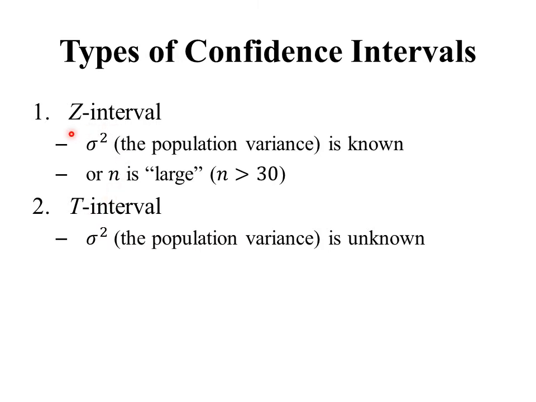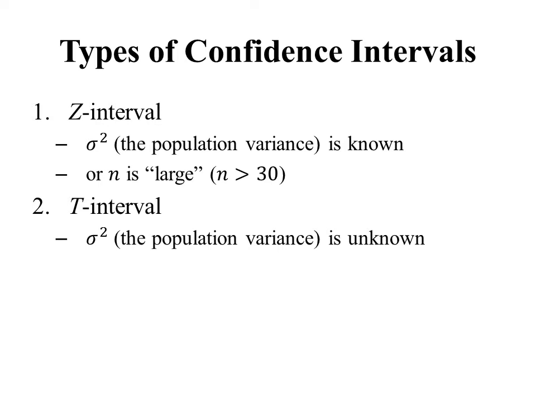And so we typically use the z interval when either we know the population variance sigma squared, or the sample size is large, meaning greater than 30. We use the t interval when sigma squared, the population variance, is unknown. Now, the more commonly used of these two types of intervals is the t interval, and so in this short lesson we're only going to discuss the t interval.